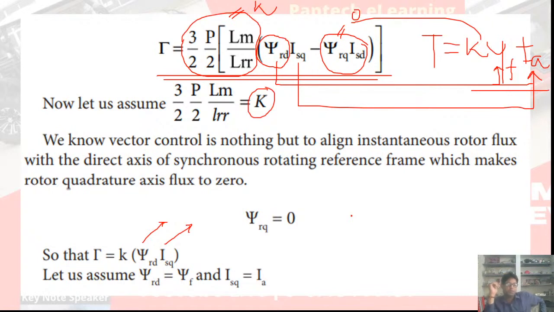To do so, what is the mathematical inference? Mathematical inference is the torque equation of an induction machine is to be equated with the torque equation of separately excited DC machine. So to do so, this quadrature axis component of the rotor flux is to be equated 0.